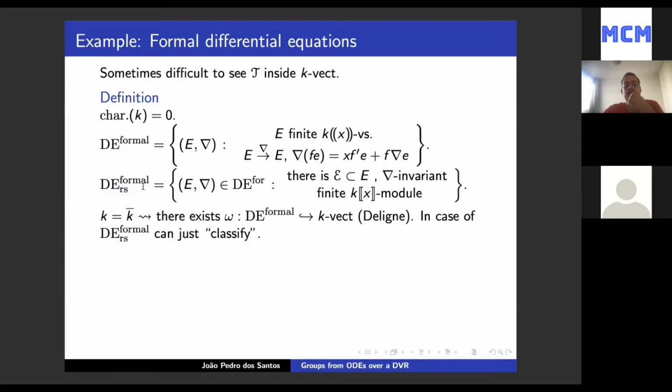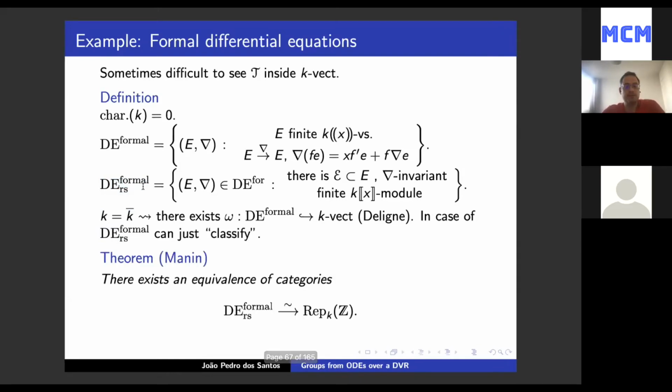So this is the work of Yuri Manin in a beautiful paper which he wrote in Italian, and it says that for the formal and regular singular, you have an equivalence with representations of Z, of the group. So here you should see again this as a sort of Deligne theorem.